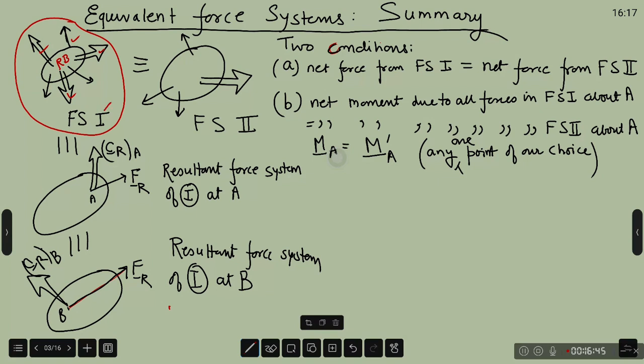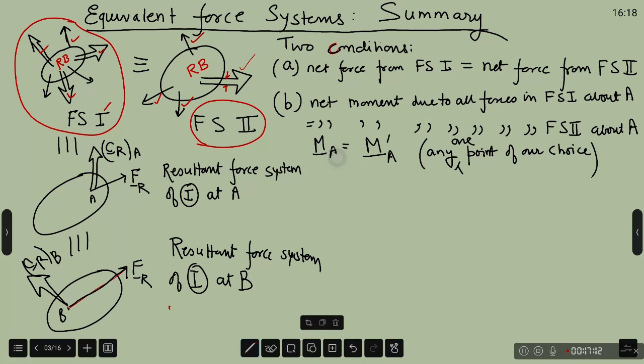Then the same RB is subjected to another force system, which I call force system 2. And this force system has a number of non-coupled forces denoted by single-sided arrows, and maybe a bunch of torques arising from couple of forces denoted by these double-sided arrows.